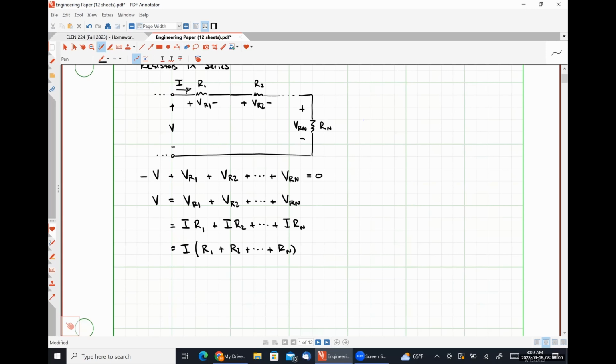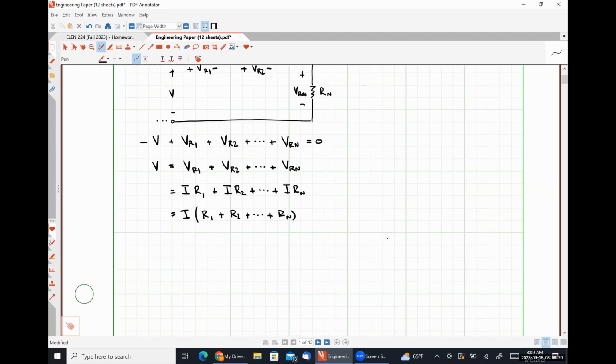Now recall from the original look at Ohm's law that the equivalent resistance of a network is simply the ratio of the voltage across the terminals of the network divided by the current flowing into the network.